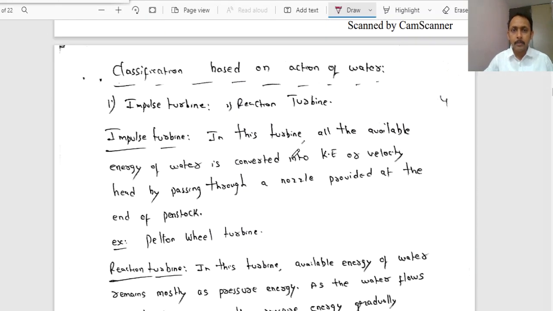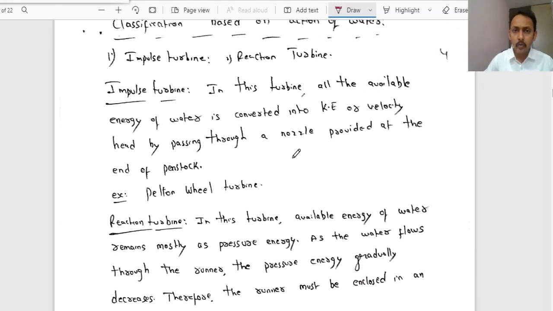Now sometimes, depending upon the action of water, we can also classify turbines as impulse turbines or reaction turbines. In an impulse turbine, all the available energy of the water is converted into kinetic energy or velocity head by passing it through the nozzle, which is provided at the end of the penstock.